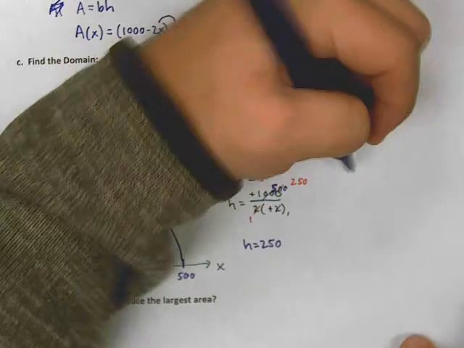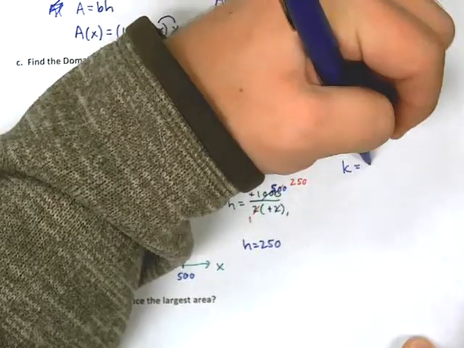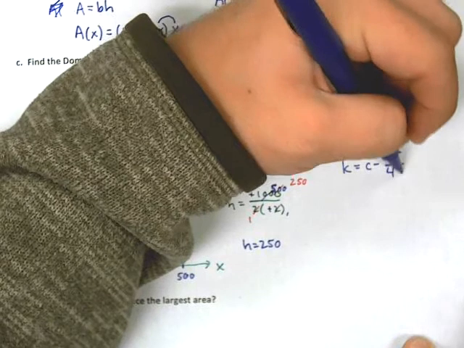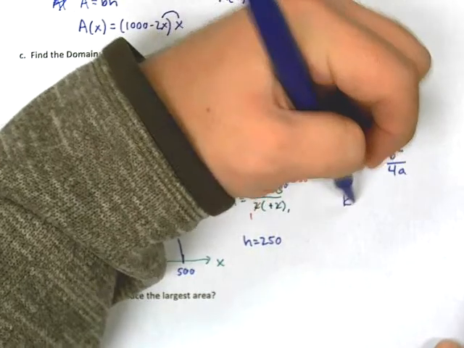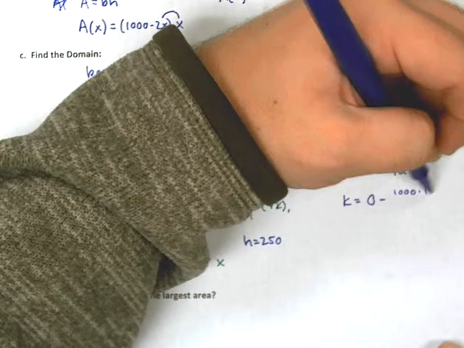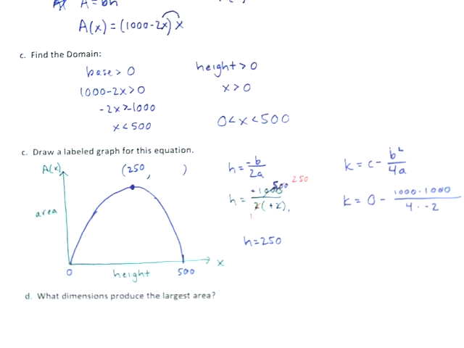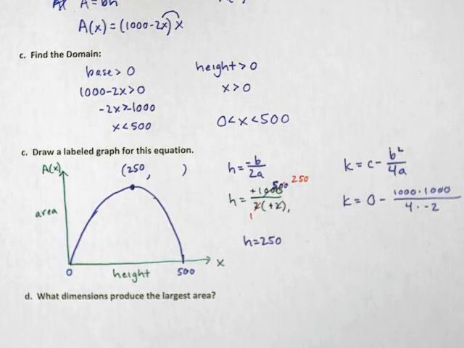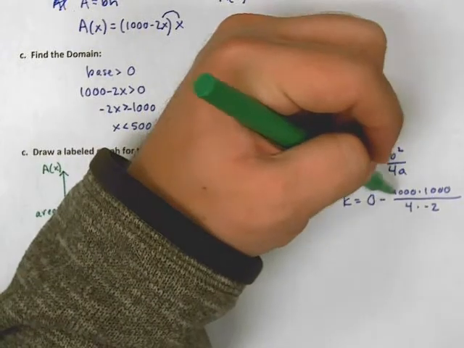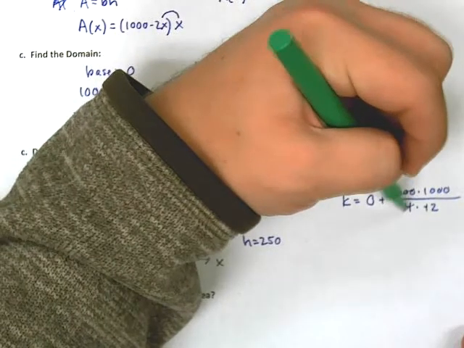k, same ideas. So we have c minus b squared over 4a, or 0 minus 1,000 times 1,000, over 4 times negative 2. Okay. Little by little, let's take a look at what's going on. All right, first things first. This is going to be negative divided by negative, so those can go to positive. That's good. What else? 1,000 over 4.